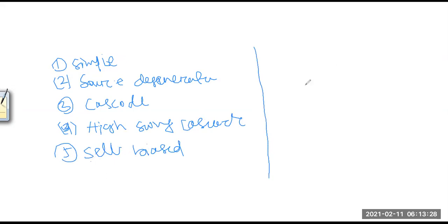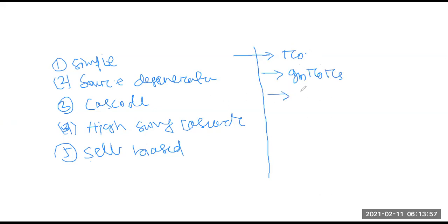So here you can do the tabulation, of what the advantage and disadvantage are. In simple current mirror, what is the output resistance? The output resistance is, suppose, R01. For source degeneration, it is gm, R0 and RS.